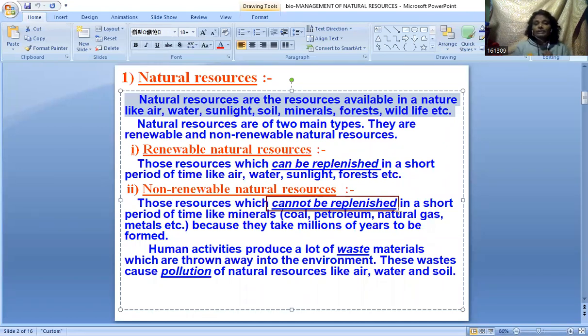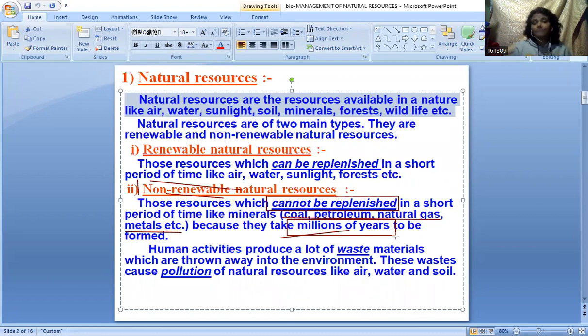Like the minerals which we use in our daily life, here it is written: coal, petroleum, natural gas, metals. All these come under the category of non-renewable resources. Why? Because they take millions of years to form. Nature takes a very big number of years to recover it back.